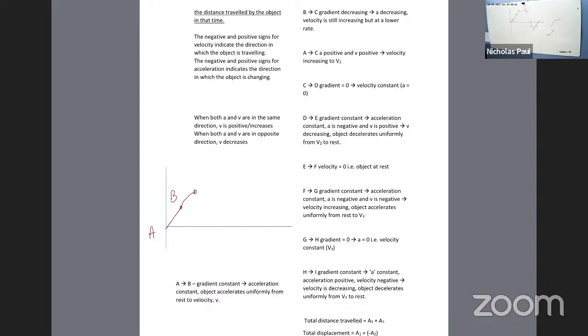B to C looks like that. C to D, gradient is zero, velocity constant. Right, so I have to reach D. Go to the rest, go to E, F, and G.